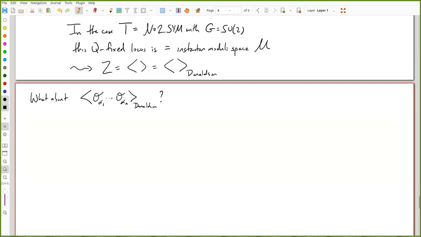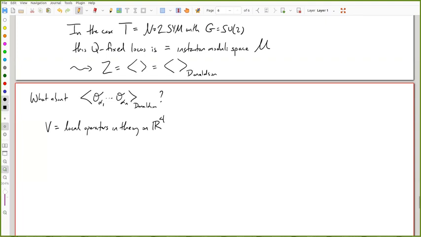As this notation suggests, those are going to be expectation values now of some operators. So which operators are they? Let V be the local operators in the theory. And first, again, I'll talk about them on R4.